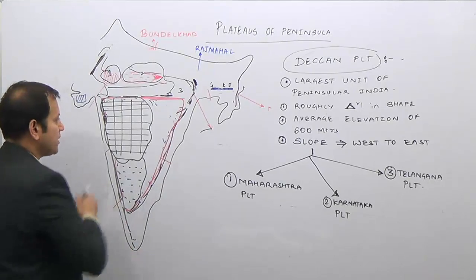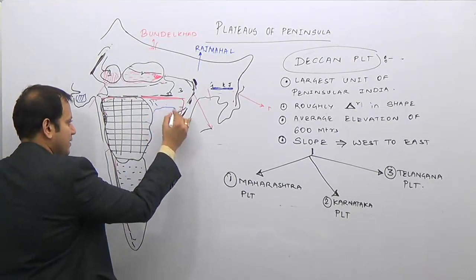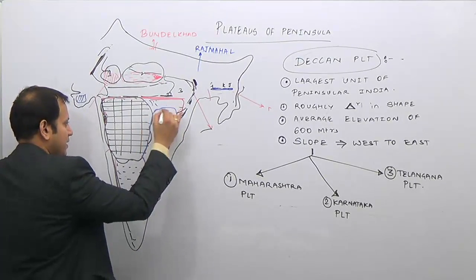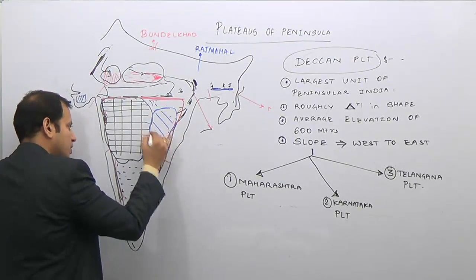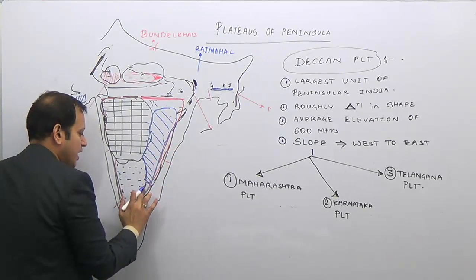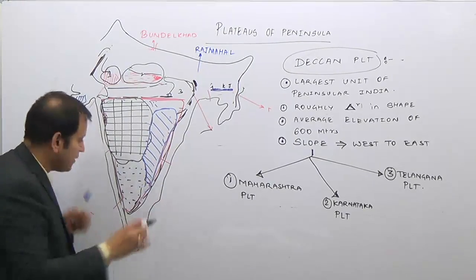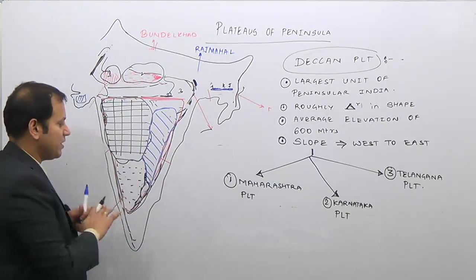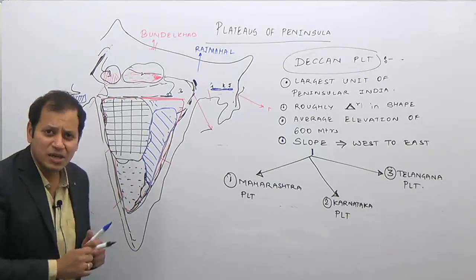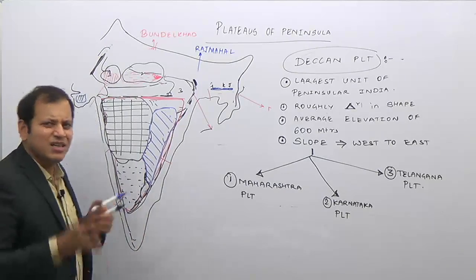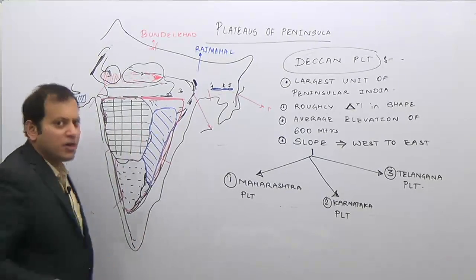While the blue part here is the Telangana region. Now you know the newly formed state is also the Telangana state, and as you can see, the shape of the Telangana state is also somewhat like this. The only thing missing is the Rayalaseema location. Rayalaseema is politically a part of Andhra Pradesh, but geologically it is a part of Telangana.